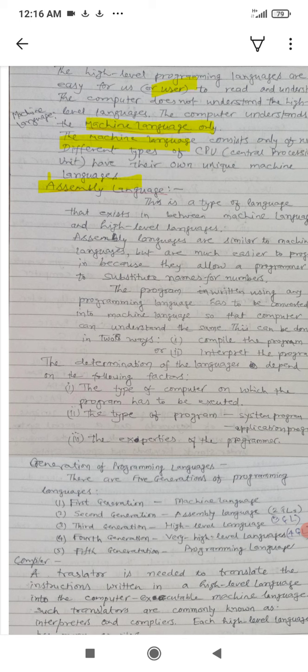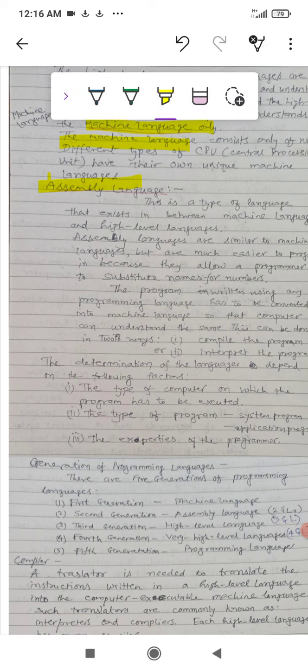So assembly languages are similar to machine languages but are much easier to process because they allow a programmer to substitute names for numbers.